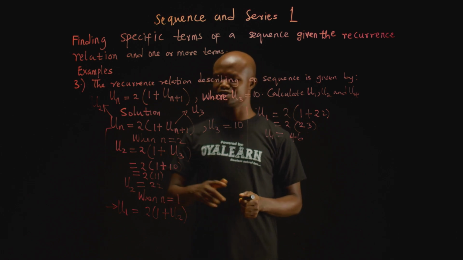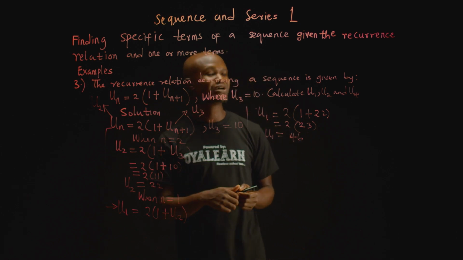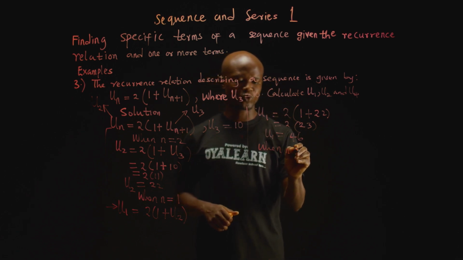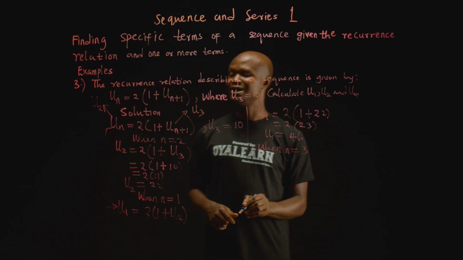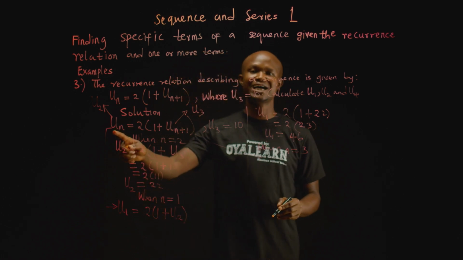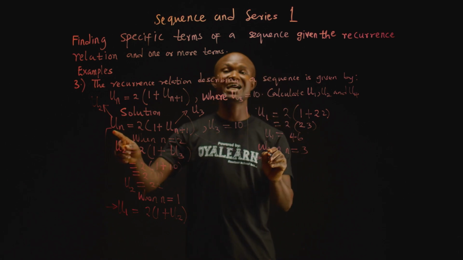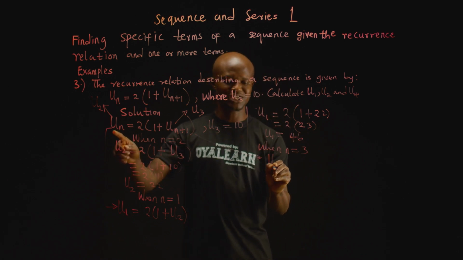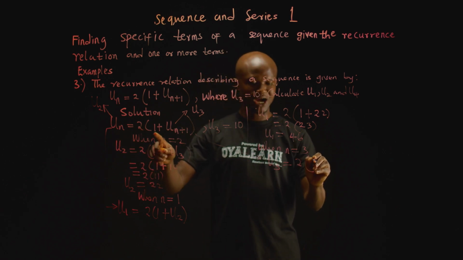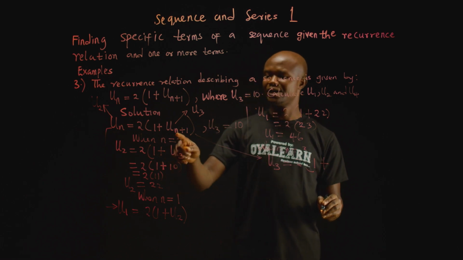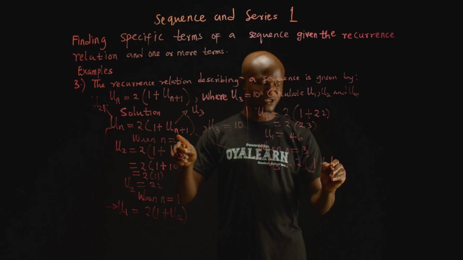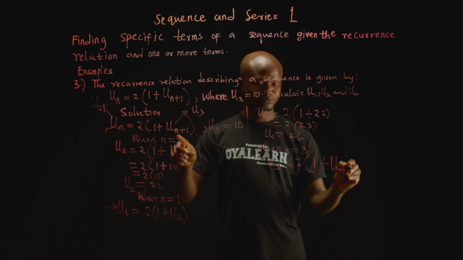For us to create a relationship between u_3 and u_4, we say when n equals 3. From the recurrence relation, anywhere we see n, we put 3. So u_3 will be equal to 2 into bracket 1 plus, 3 plus 1, that will be 4, so this is going to be u_4.